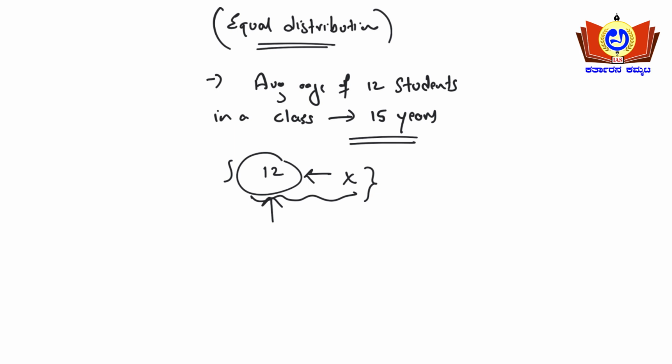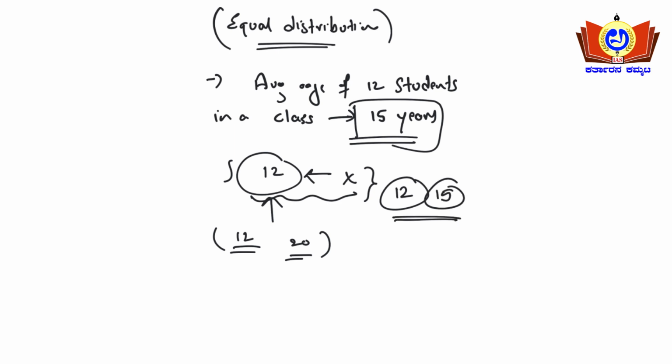That means one student may be 12 years and one student may be 20 years. We don't know the age of a single student, but upon taking the average, each student is averaged to 15 years. That is equal distribution among the observations.